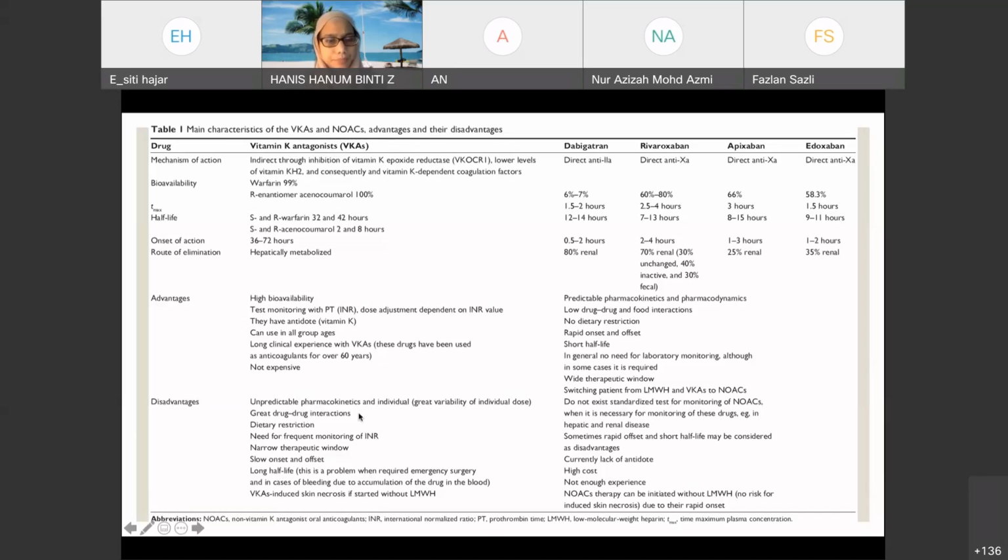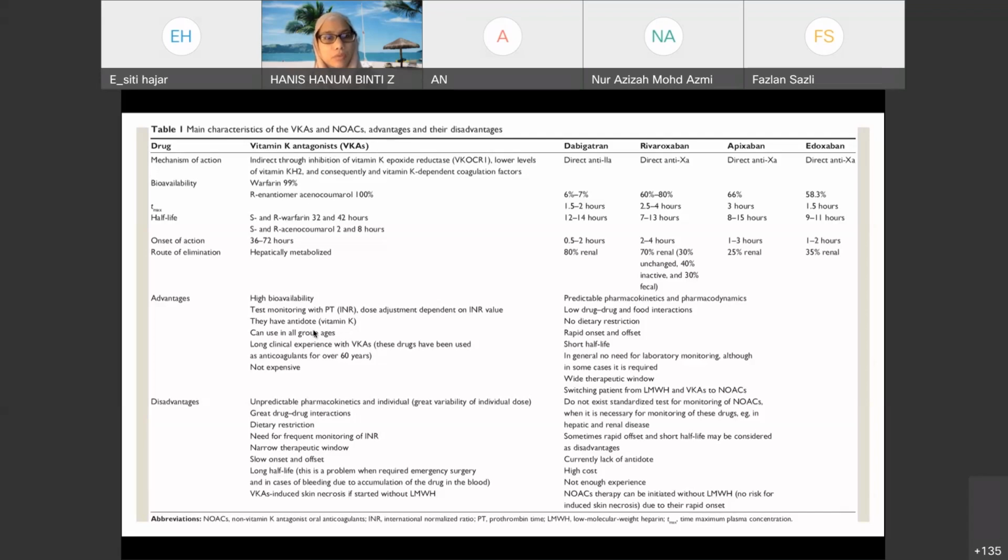Okay, but because of that, they come up with the new agents like dabigatran and so on. Okay, one good thing about warfarin is that there is an antidote. Whereas in the new NOACs, there's only an antidote for dabigatran. So maknanya kalau patient comes in with bleeding, kalau dia on warfarin, kita boleh bagi vitamin K lah.